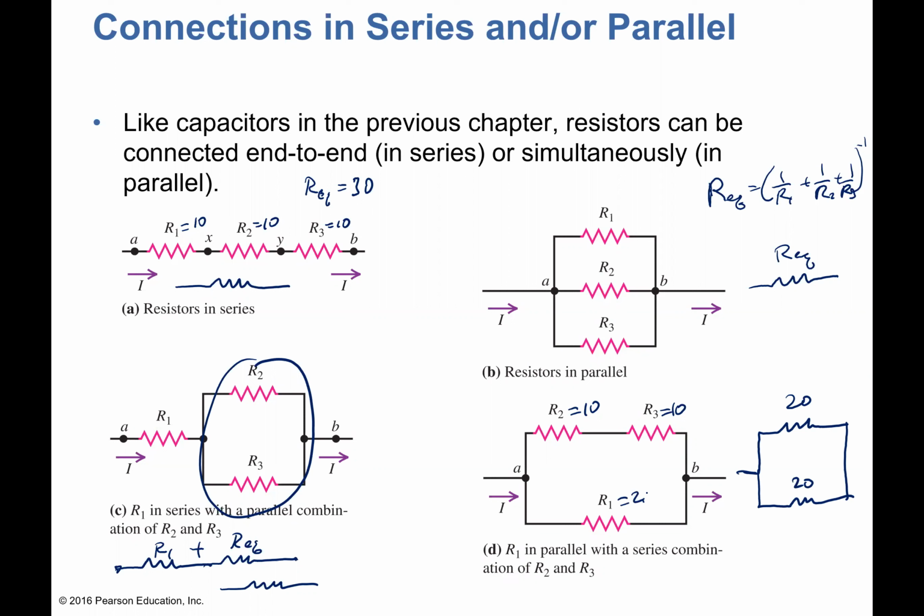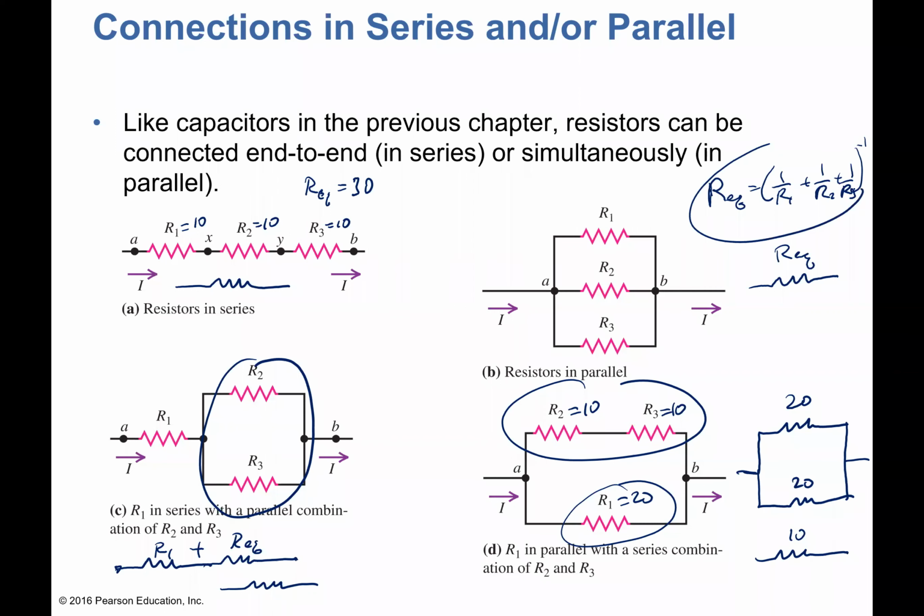Then you combine those two together into an equivalent, so 20, and the bottom one is 20 already. And remember, in parallel, if you have two identical, then their equivalent is exactly half, so this is going to be 10. You can try to apply this equation to that and see for yourself. That means you're always going to get an option to combine several combinations together.